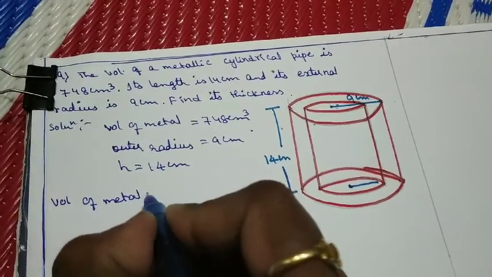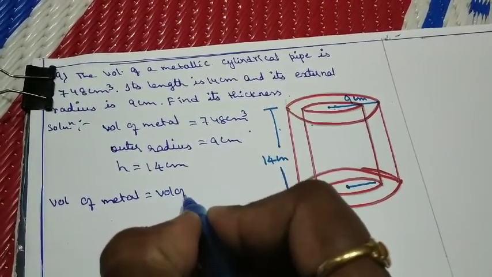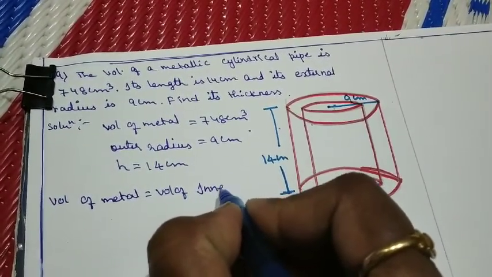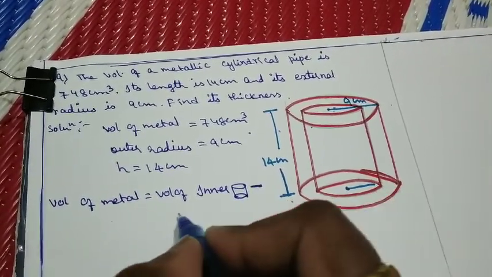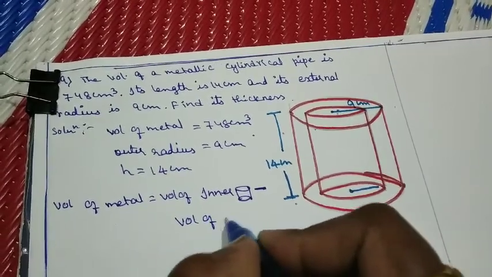Volume of metal equal to volume of outer cylinder minus volume of inner cylinder.